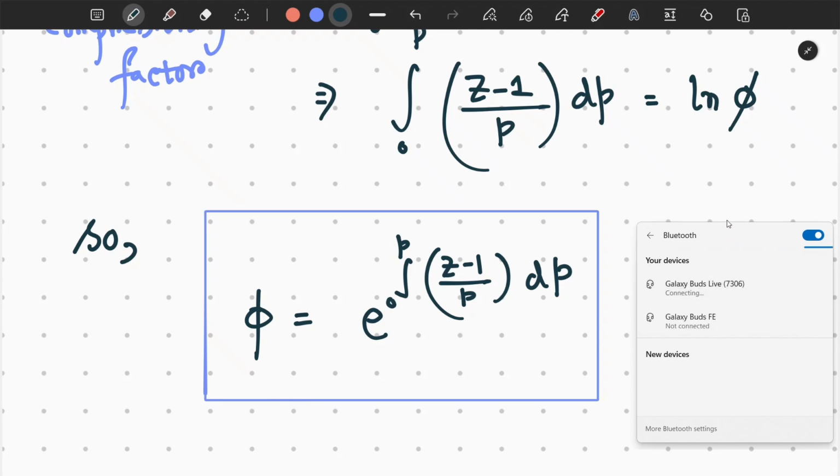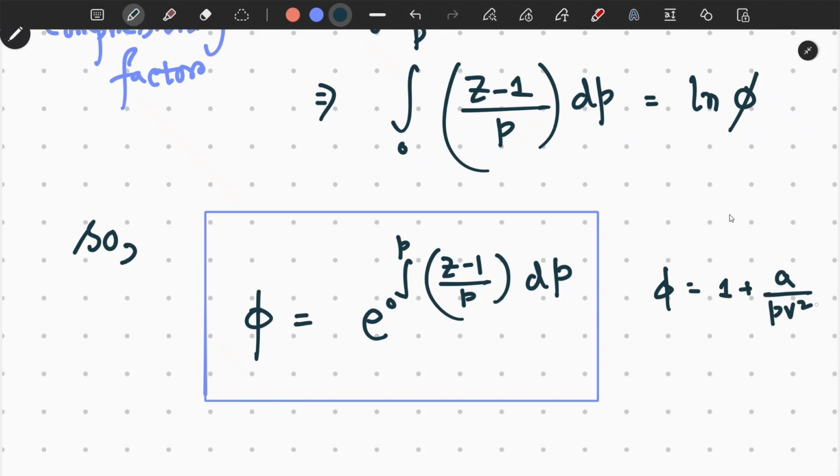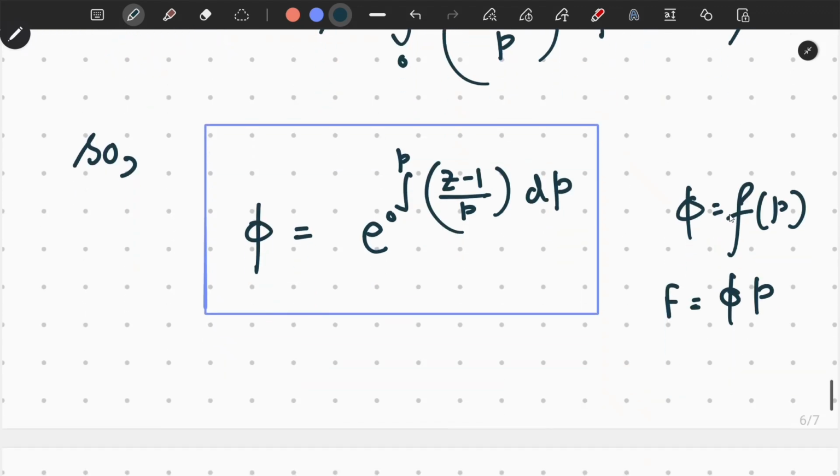So phi should be a function of pressure, not independent of pressure. So the relation between fugacity and pressure is not linear. If phi were independent of pressure, then you could say there is a linear relationship between fugacity and pressure. But phi is also dependent on pressure, so this is eventually a non-linear relationship.